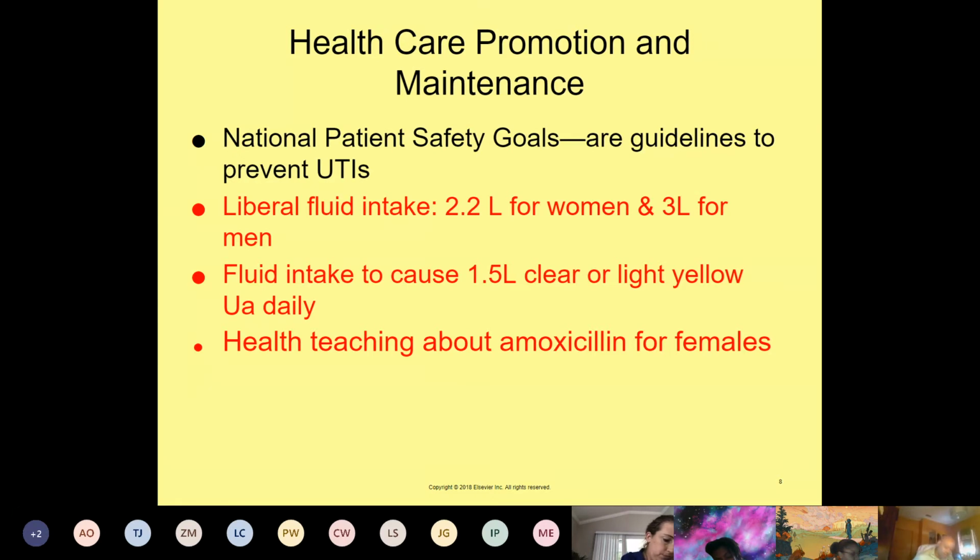When these patients are drinking a lot of fluids, you're flushing out your system a lot, and so there's less likelihood that will occur. So this is the reason why I wanted you to read that particular chart.